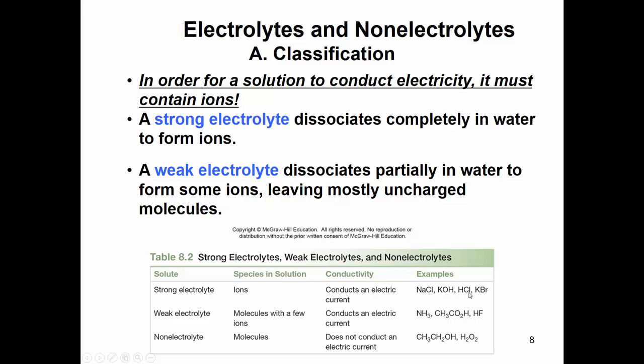This is hydrochloric acid, so we saw in a previous chapter how it will react with water. It does an acid-base reaction and dissociates in water as well. Okay, these are molecules. There's ethanol and hydrogen peroxide. These will not dissociate.